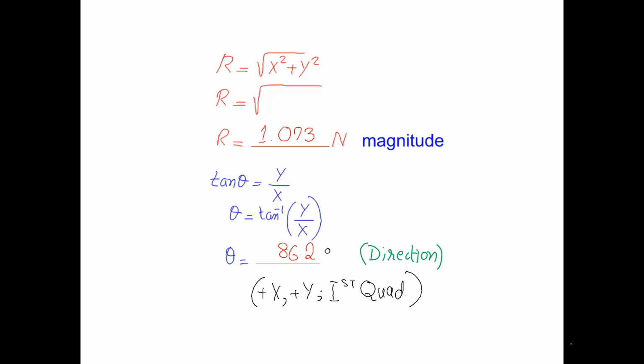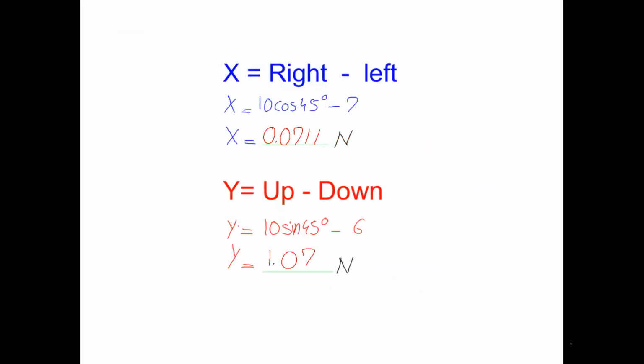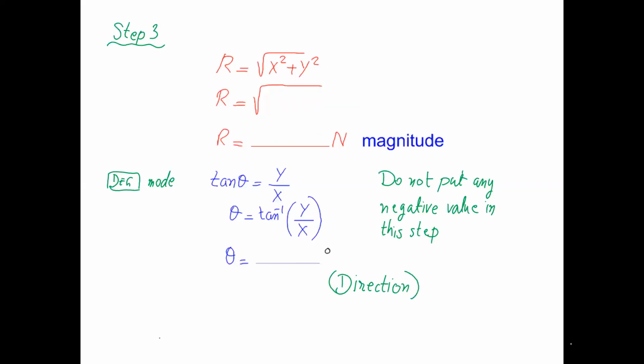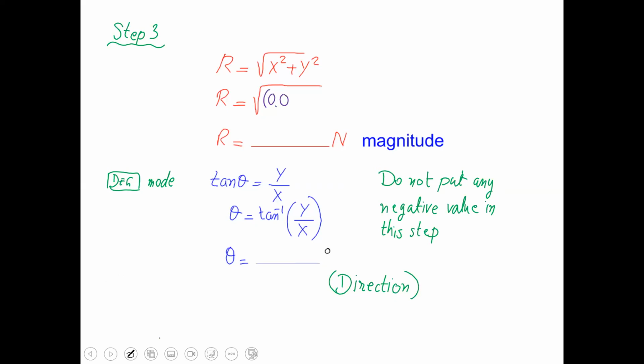So, sir, what are the X and Y values that you put, sir? The previous part, 0.0711. Okay. 0.0711.